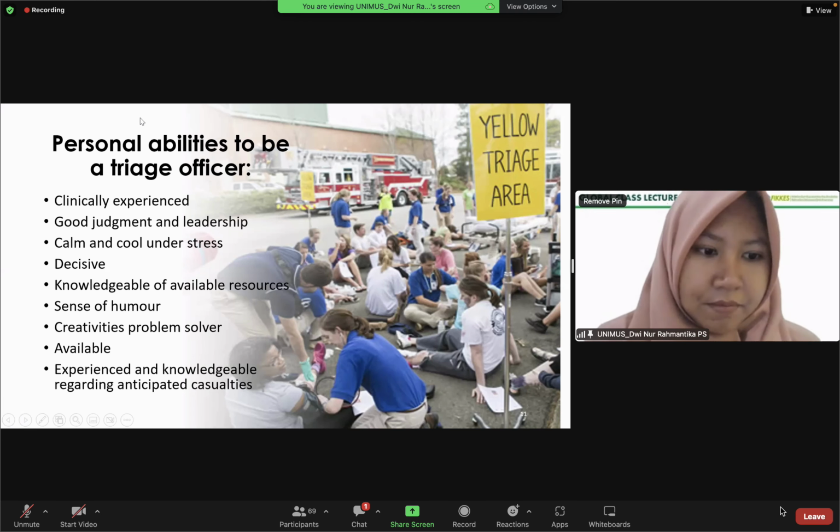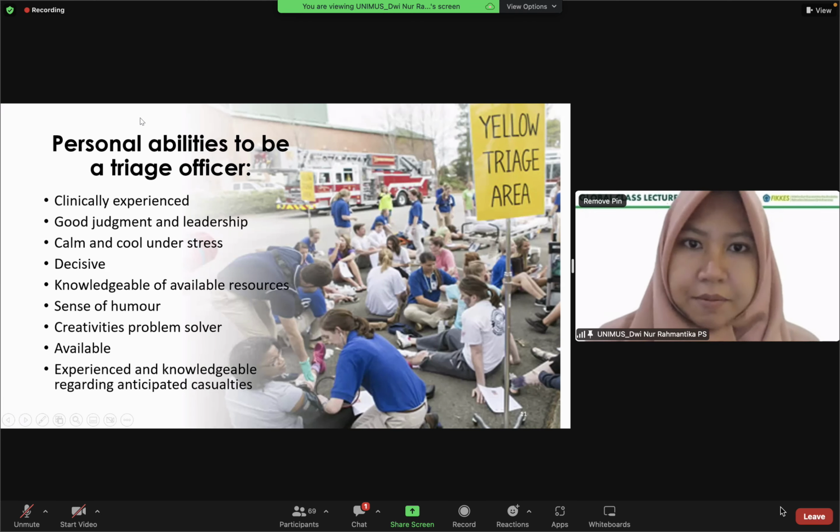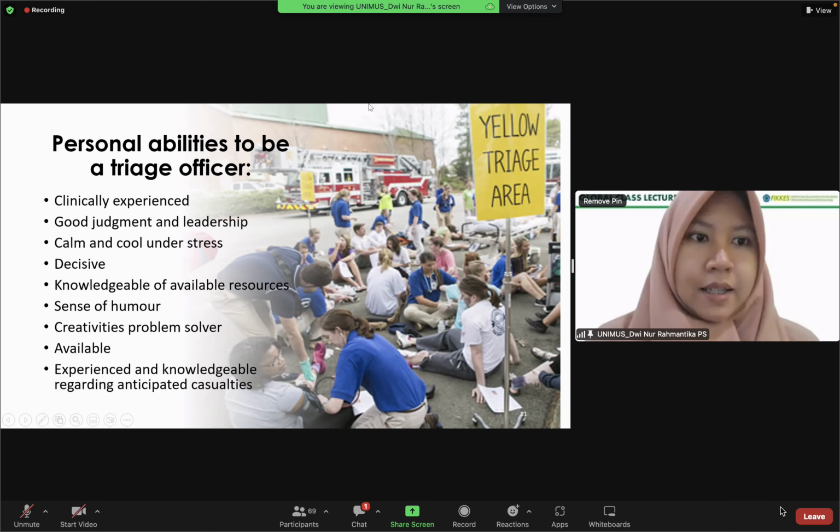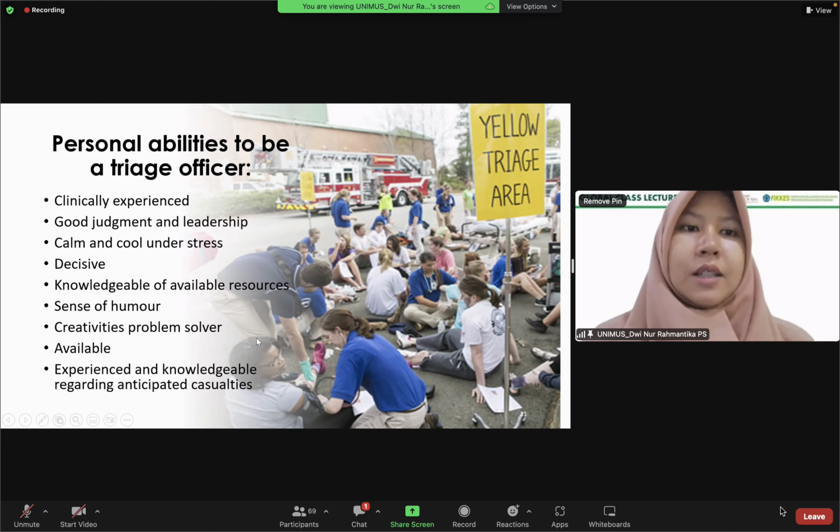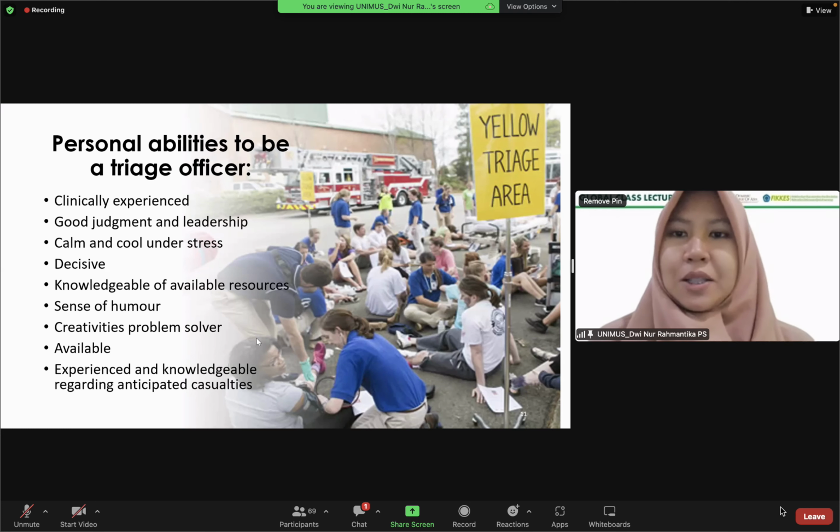To conduct effective triage, we not only need knowledge or experience, but we should have many abilities. This is a list of the personal abilities needed to be a triage officer.